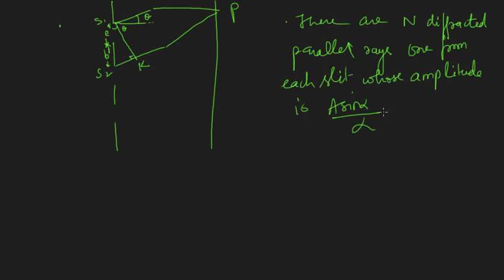So basically now I have to find these n waves and just take the superposition. But before doing that, using the resultant formula, I need to find the phase difference between these two waves.